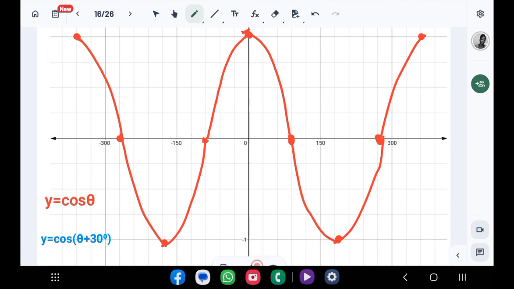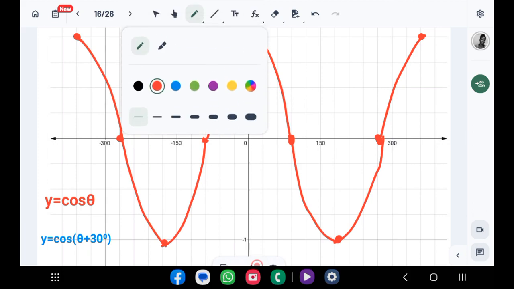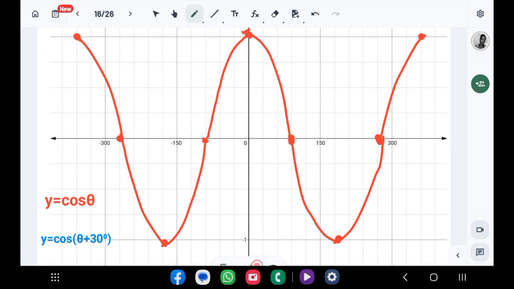All right. So what we do is from the basic one, the standard one, the maximum turning point, we count 30 degrees to the left. And there it should end. So the first maximum turning point is there.